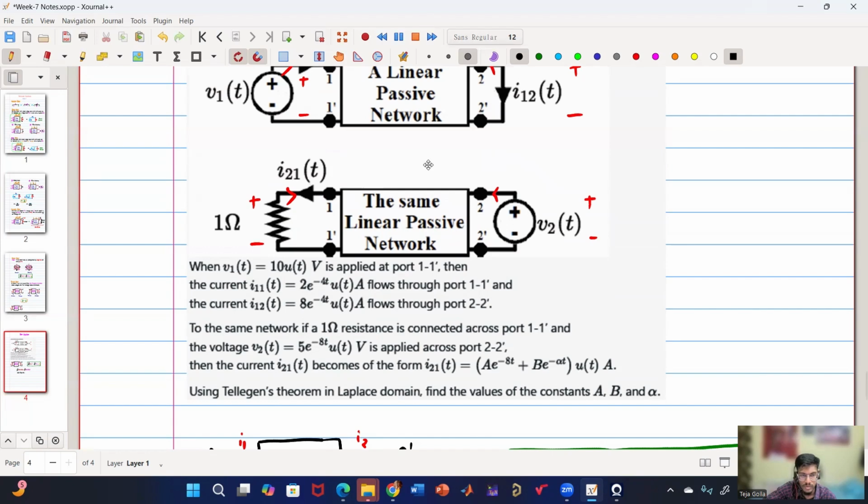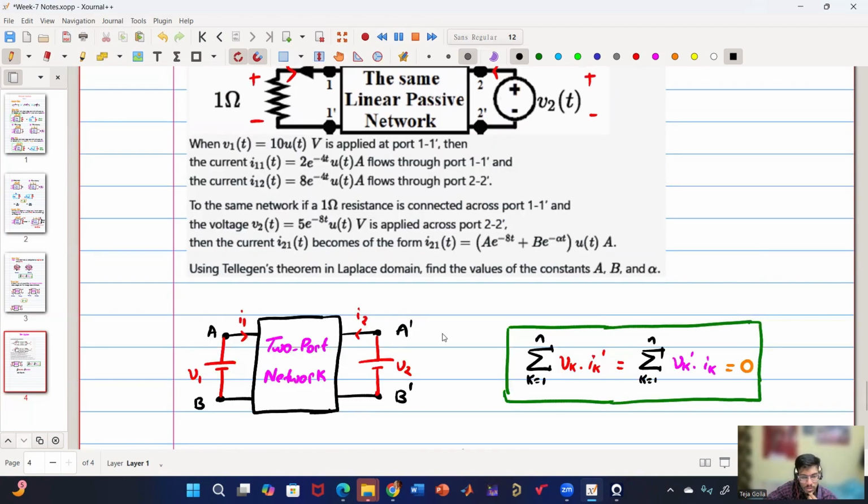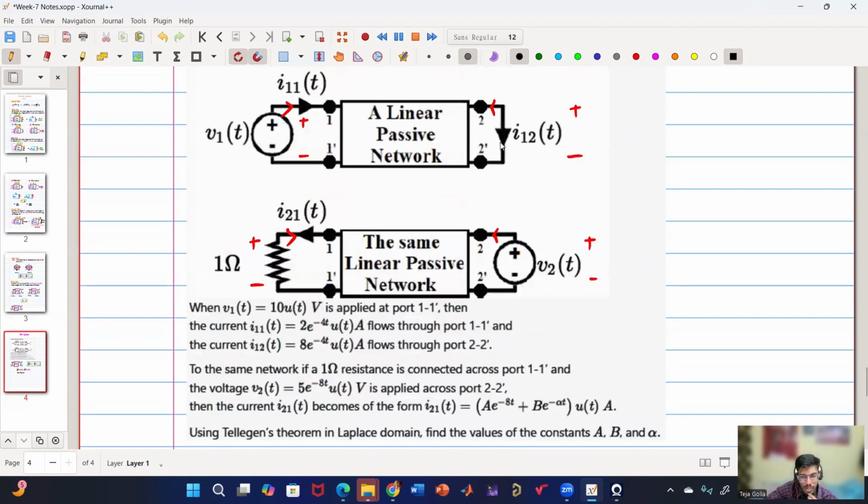Hello. How zero? Sorry. How is zero, sir? Because this voltage is 0, right? This voltage into this current, right? This voltage is 0, it is shorted. Shorted current will have infinite current. No. You see, you are confusing many things.